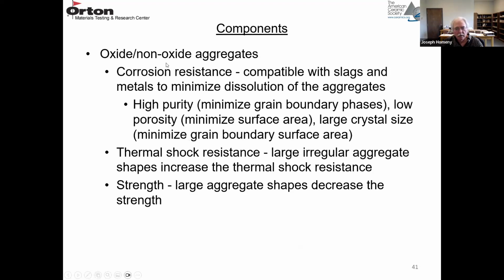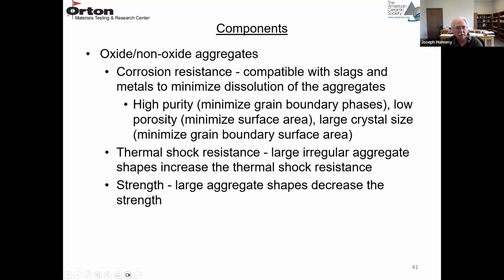So the oxide or non-oxide aggregates, in terms of corrosion resistance, have to be compatible if in contact with a slag or a metal or a glass. So you want to minimize the dissolution of the aggregates. The aggregates by themselves, you want to have corrosion resistance. So you usually go with a high purity material that minimizes the impurity phases that develop at the grain boundaries.